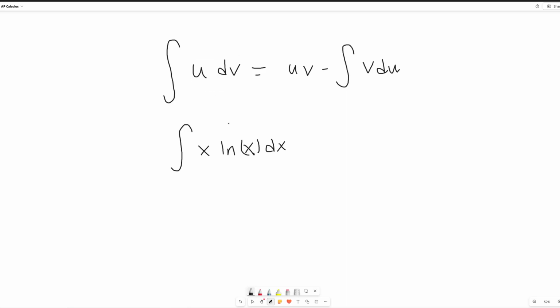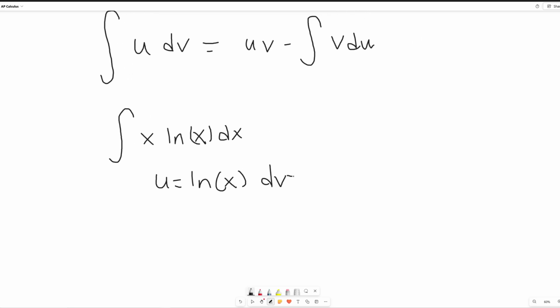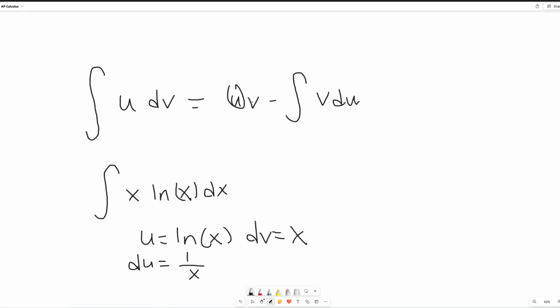So, for instance, in this integral, I'm going to say that my u is ln of x, and I'm going to say my dv is x. So what you want to choose for these ones is your u value you need to take the derivative of, so du equals 1 over x. And then your dv value you need to integrate, because in this formula you have a u, you have a v, and then you have a du. So you need to know what du is, you need to know what v is, and then you need to know what u is.